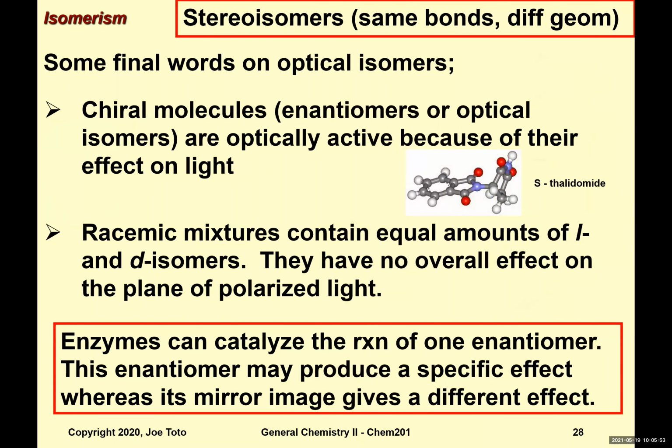For example, this thalidomide, it has two isomers, the S and the R form. It's another way to designate isomers. I know we just looked at the D and the L form, but it doesn't matter. One isomer of thalidomide was used in the late 1950s for women who experienced morning sickness.